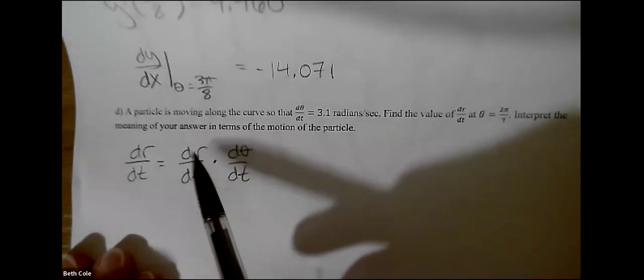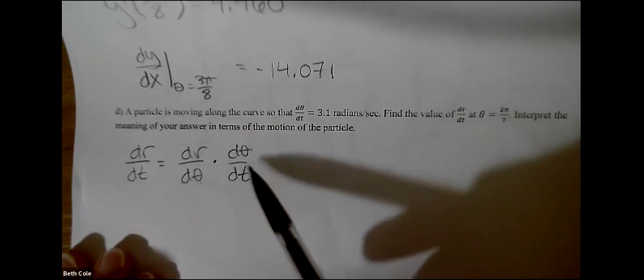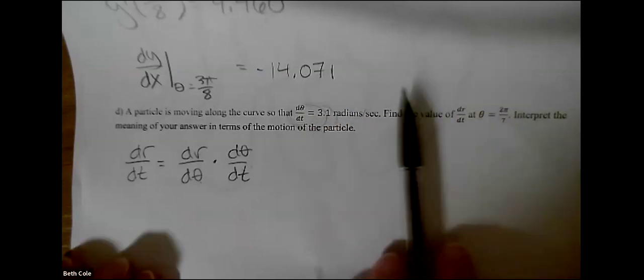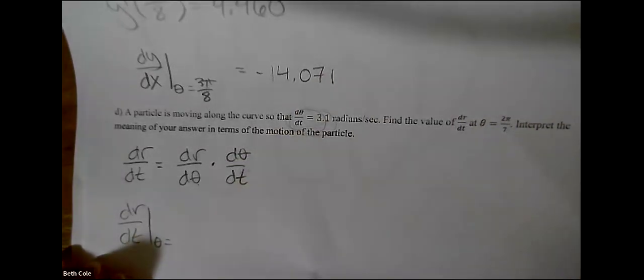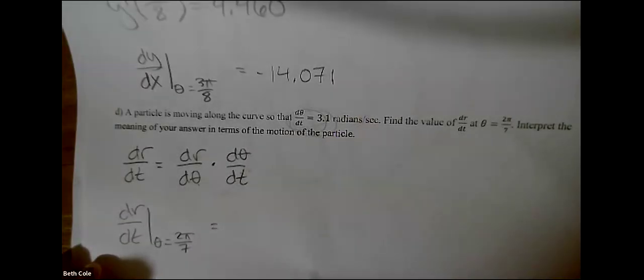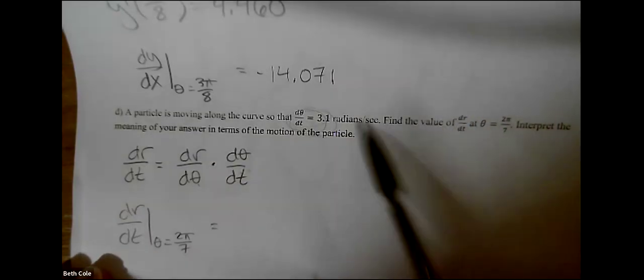That gives you dr dt, but we're going to get the derivative of r with respect to theta at this value. We're going to use the calculator and then multiply it by this 3.1 radians per second. So again, this is all going to happen in the calculator, but I'm going to label it. What is it? 2 pi over 7. So we're going to get the derivative of r at 2 pi over 7 and then multiply it by 3.1.